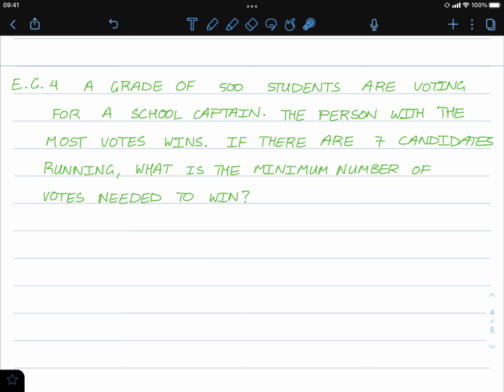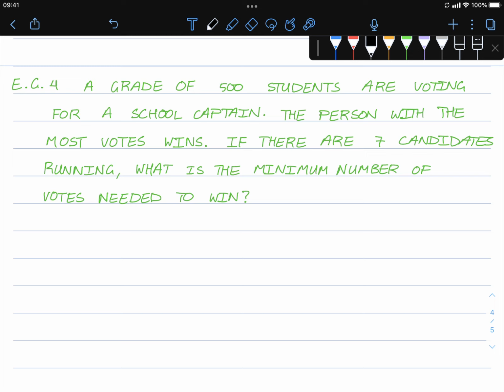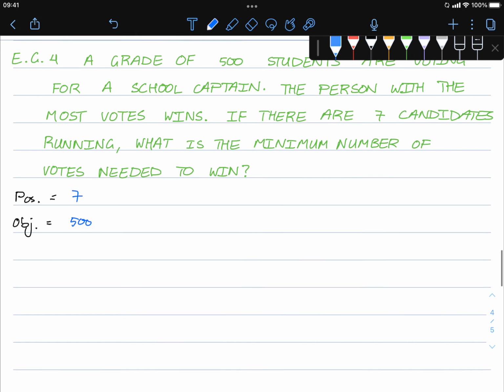needed to win? Okay, so once again, let's find the positions and the objects. For this, the positions are very clearly the 7 different candidates, and the objects that we have to divide are the 500 students voting.